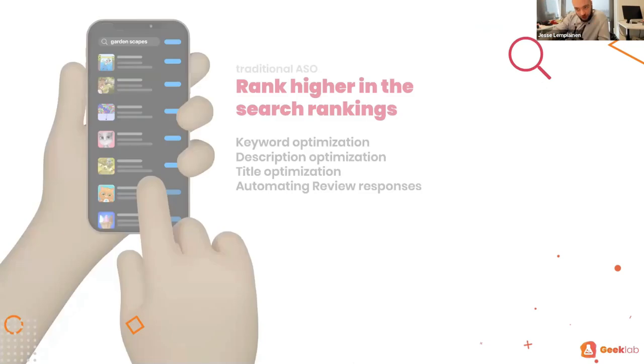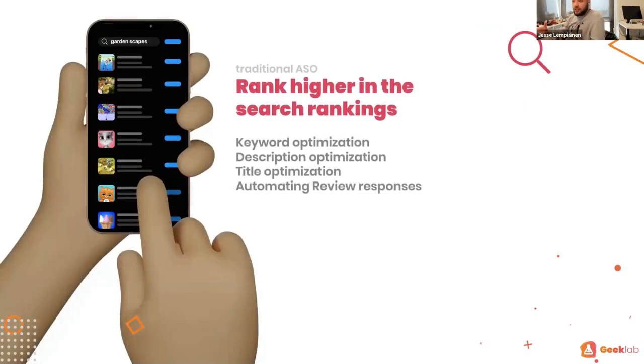And usually when people talk about ASO, you often think about ranking higher in the search rankings and optimizing your app store performance. That's usually done by changing the keywords, description, title, and all of this stuff, and what this does is help you get more visibility on the search rankings.